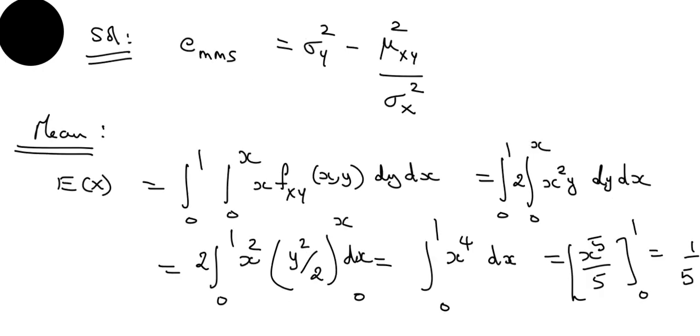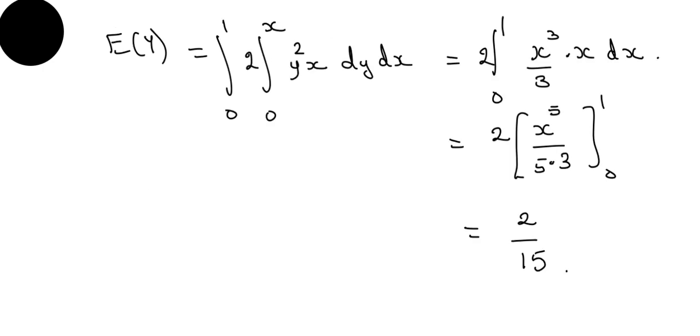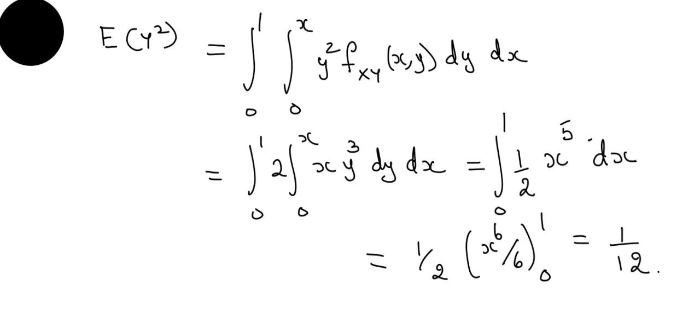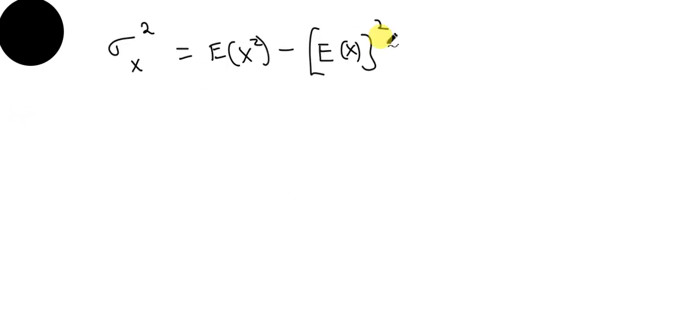My E of x is 1 by 5, E of y is 2 by 15, so E of x is 1 by 5, so this will be 1 by 25.